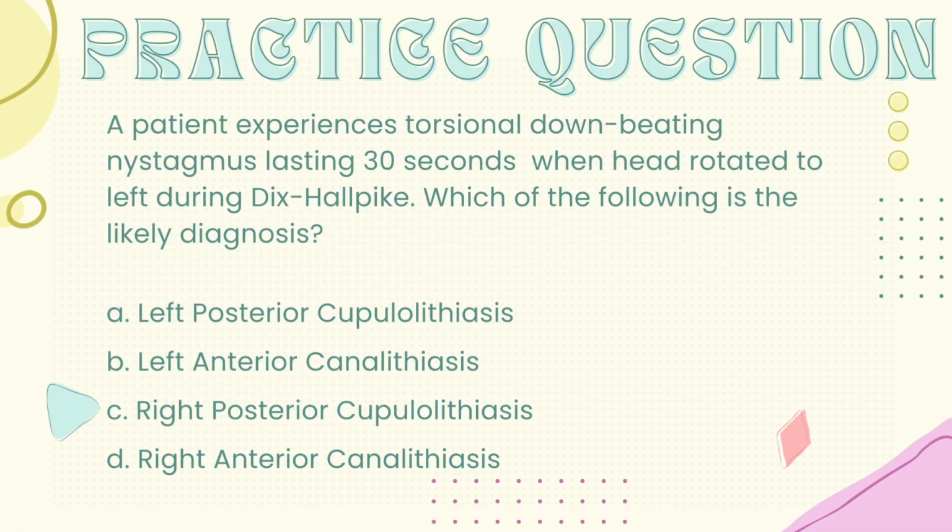Last practice question. A patient experiences torsional downbeating nystagmus lasting 30 seconds when the head is rotated to the left during Dix-Hallpike. Which of the following is the likely diagnosis? A, left posterior cupulolithiasis. B, left anterior canalithiasis. C, right posterior cupulolithiasis. D, right anterior canalithiasis.